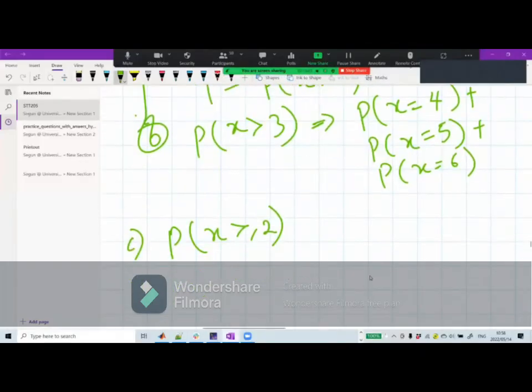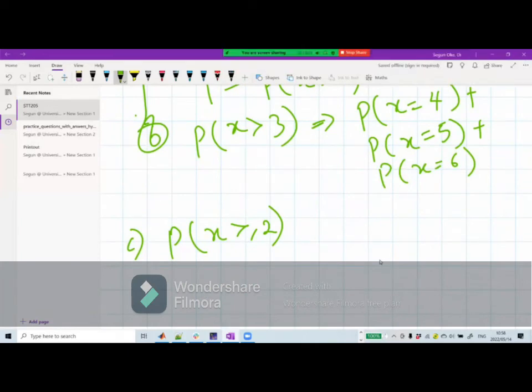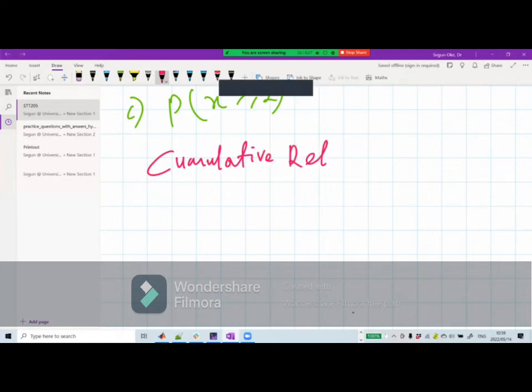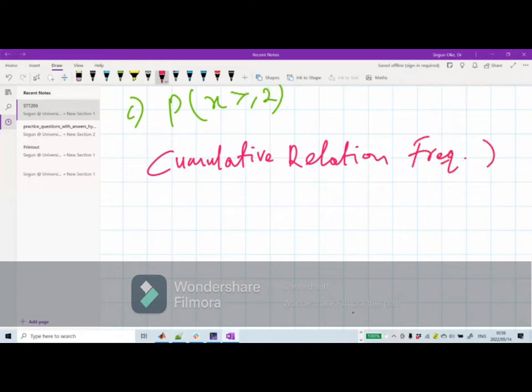So let's move on before we call it a day, or before we call it a semester. Let's do the cumulative relative frequency distribution.